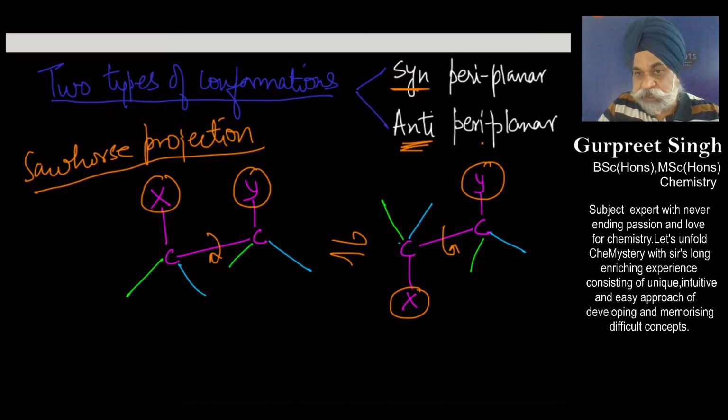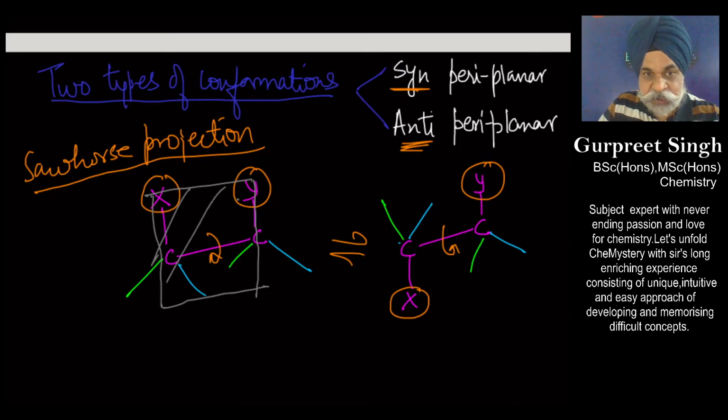Now the term is periplanar. Periplanar means that if I pass a plane from here, let me select it in gray, if you pass a plane from here through the center, you can see that X and Y attached to a carbon-carbon single bond come in one plane.